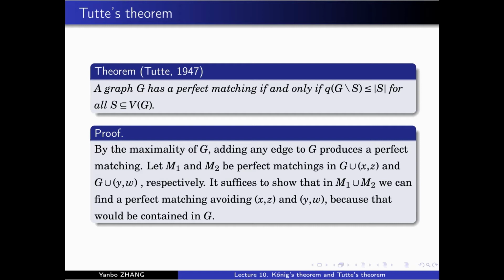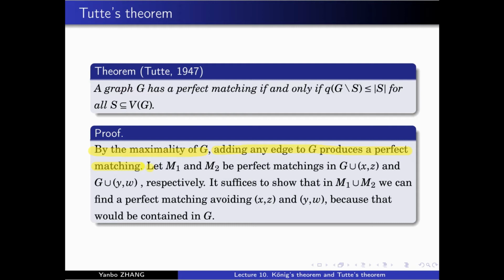We know that G has no perfect matching, but adding any edge to G will have a perfect matching. By the maximality of G, adding any edge to G produces a perfect matching. If we add the edge XZ to G, it has a perfect matching denoted by M1. If we add the edge YW to G, it has a perfect matching denoted by M2.